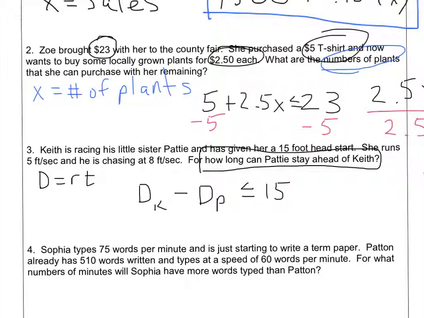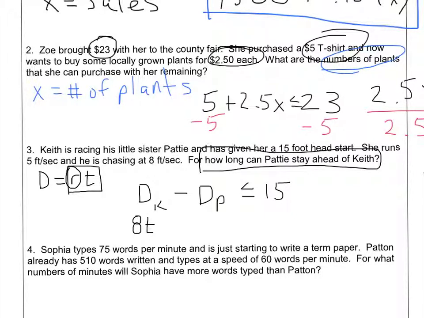But in any case, if we have distance equals rate times time, that means the rate multiplied by the time is what Keith's distance is. If he is going 8 feet per second, that is his rate, and we don't know the time.